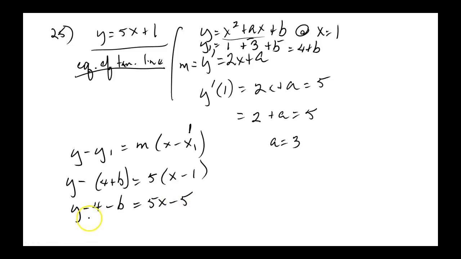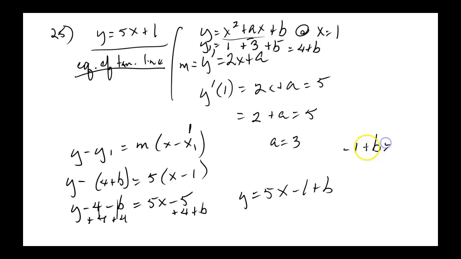We're going to add 4 and add b to both sides, and you'll have y is equal to 5x minus 1 plus b. So minus 1 plus b must equal 1, because that's what it is here. So b has to be 2. b is equal to 2.